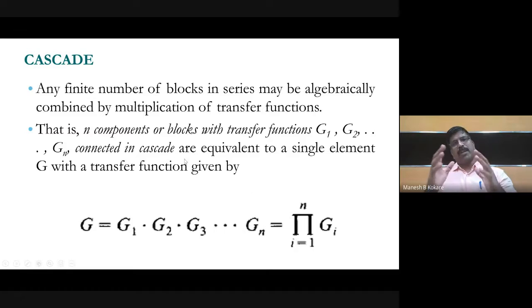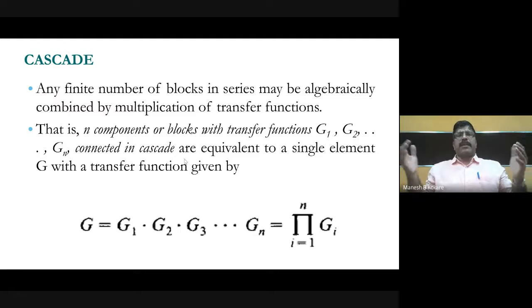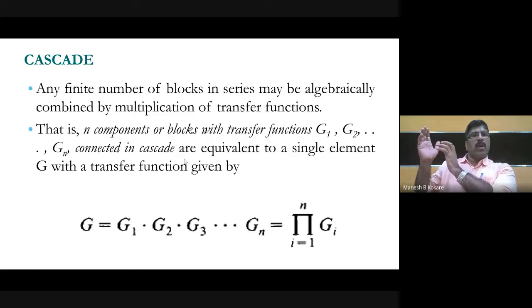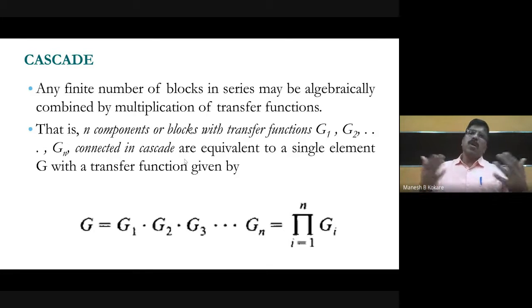Now, for example, if two or multiple systems are connected in cascade: block 1 has transfer function G1, another block has transfer function G2, and the nth block has transfer function Gn, and the input is X. If all those blocks are connected in cascade or series, what will be the overall transfer function?